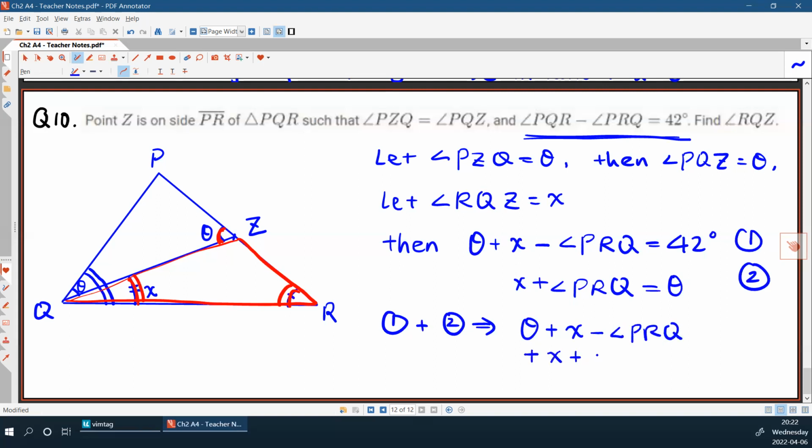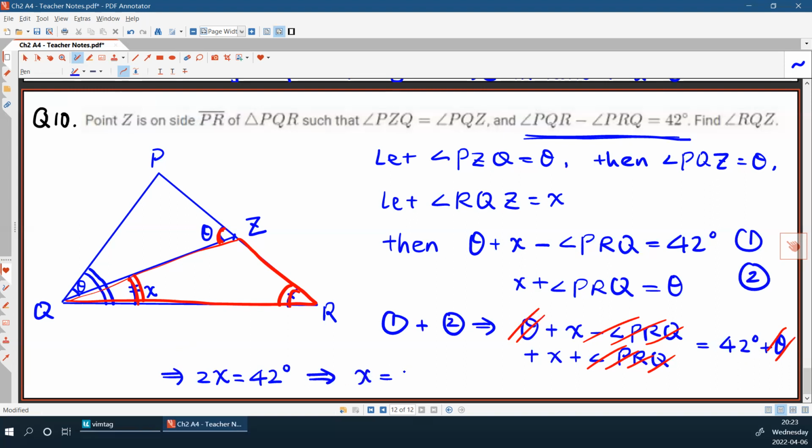And plus X plus angle PRQ equals 42 degrees plus theta, right? And then note here we can cancel angle PRQ, then cancel theta on both sides. And this will give us 2X equals 42 degrees, right? Therefore, X should equal 42 over 2, which is 21 degrees. Okay, that solves the value of X.